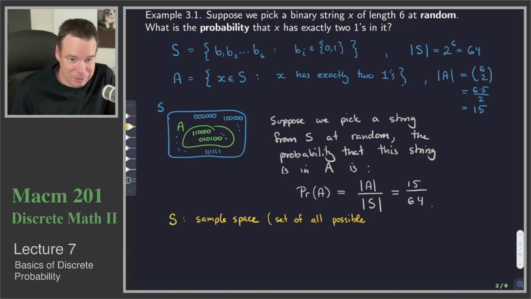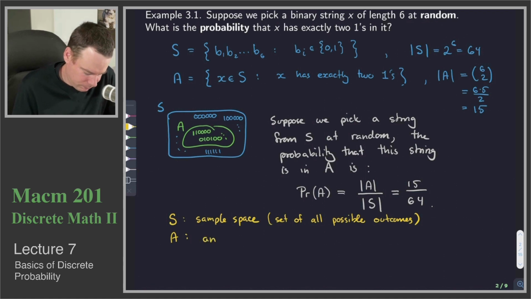And that's typically because I am selecting from this set. So these are the set of all possible outcomes. The ones I'm interested in, so the ones I'm considering successes or my desired outcomes, is this set A, and we call this an event. So S was our sample space, A is an event. And this is the set of considered outcomes.